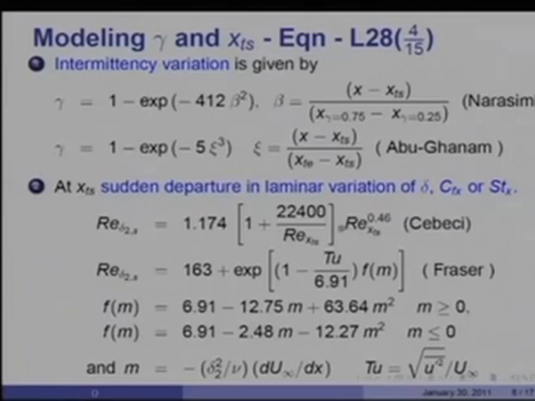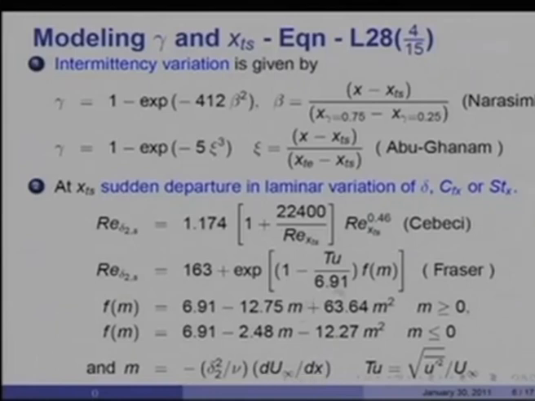On the other hand, this expression of course does not take into account the effects of turbulence intensity, which can vary quite a bit, particularly in gas turbine and compressor applications. And therefore, Fraser has suggested this formula: Re delta 2s is related to this F(m) and turbulence intensity Tu, and m is the pressure gradient parameter and includes dU infinity by dx.